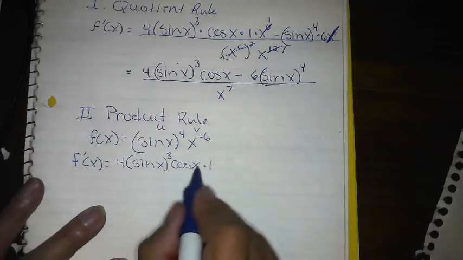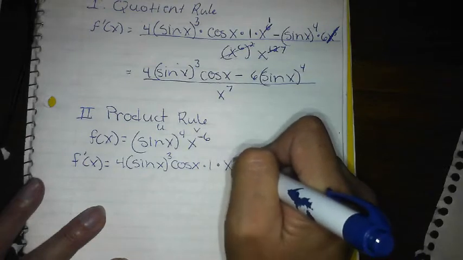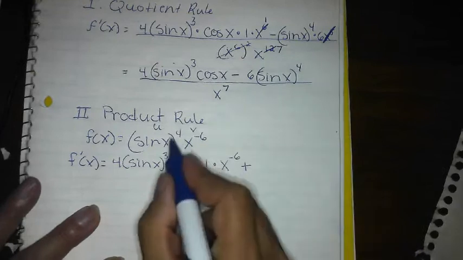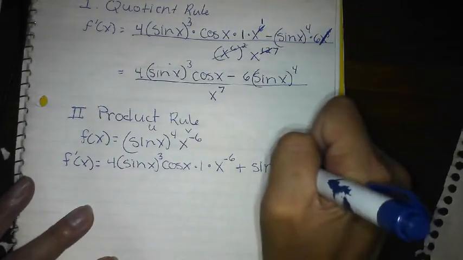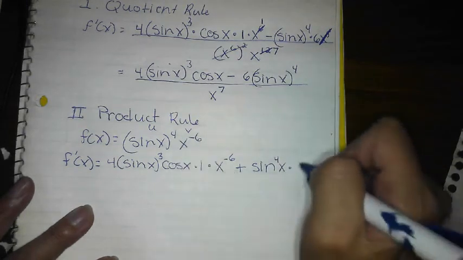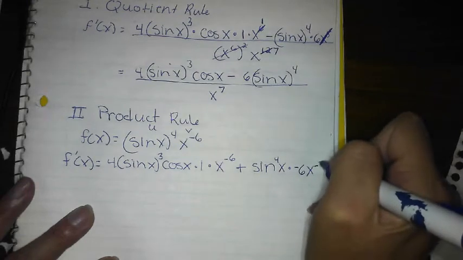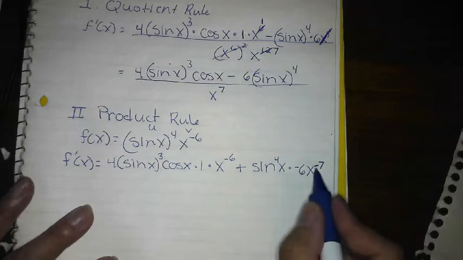So that's u prime multiplying by v. Then adding, keep the u the same. And then v prime will be negative 6 x to the negative 7th. Negative 6 minus 1 gives you negative 7.